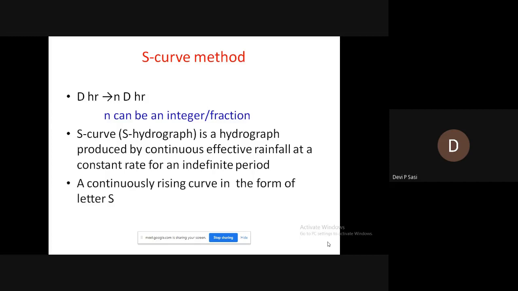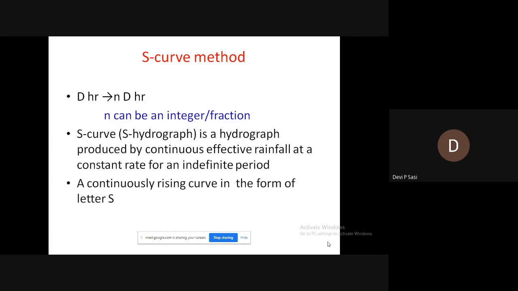So the S-curve method can be applied in all cases, but the method of superposition cannot. The method of superposition can be applied only when the duration of the required unit hydrograph is an integer multiple of the given duration.